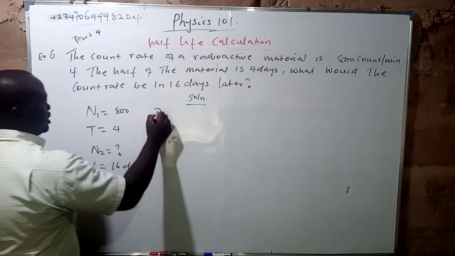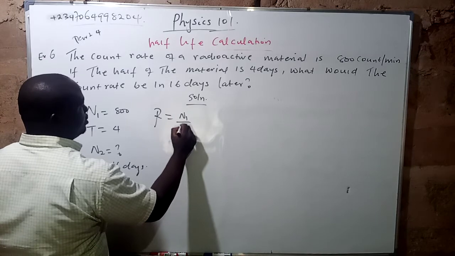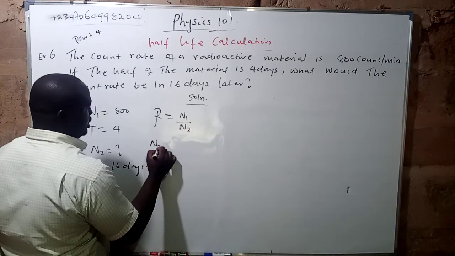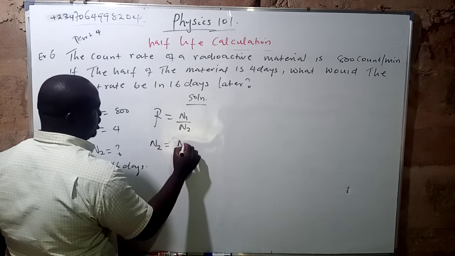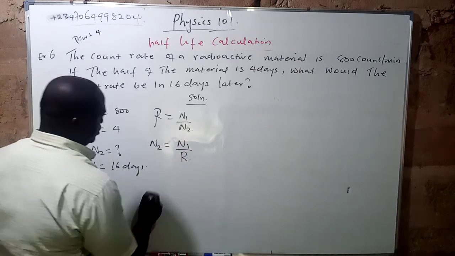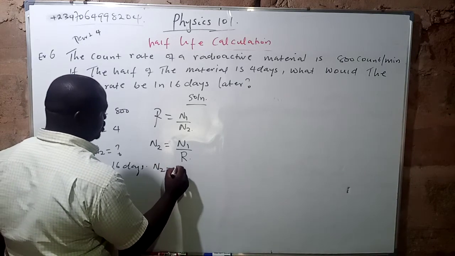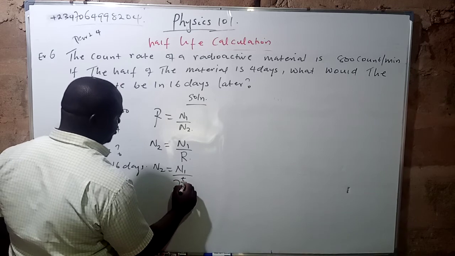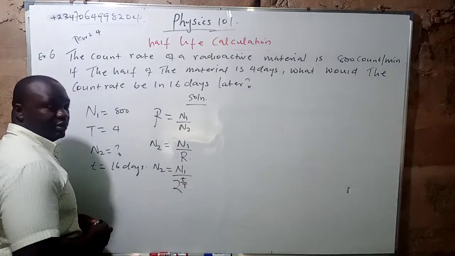And so, of course, R is equal to N1 all over N2. And so, from here, N2 is equal to N1 all over R, and your N2 is equal to N1 all over 2 raised to the power of t all over capital T, right?